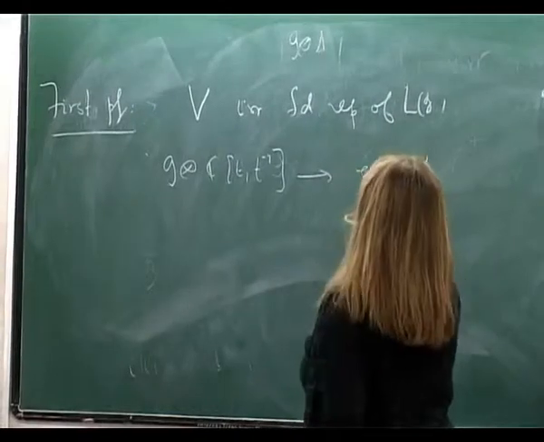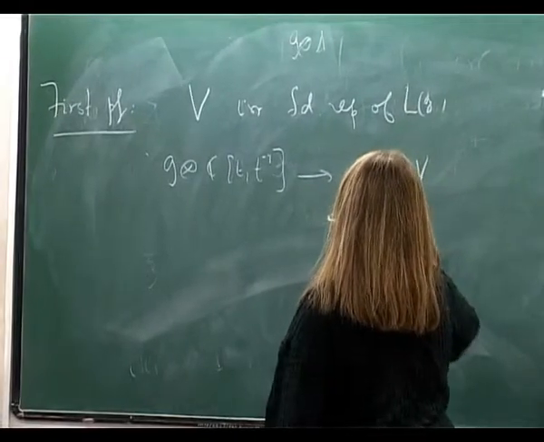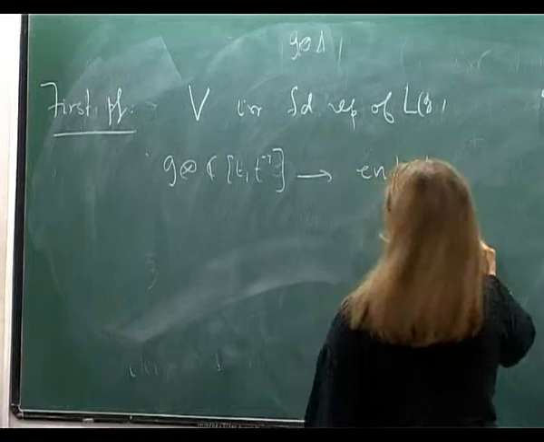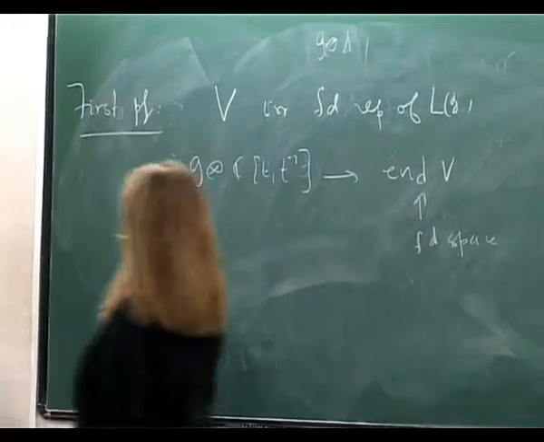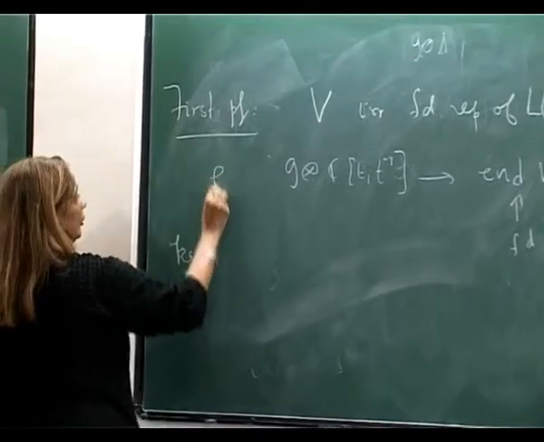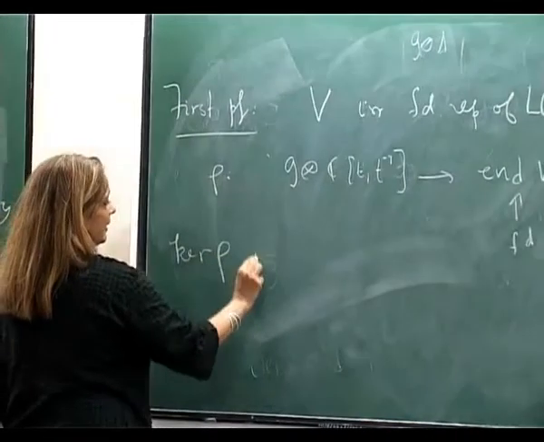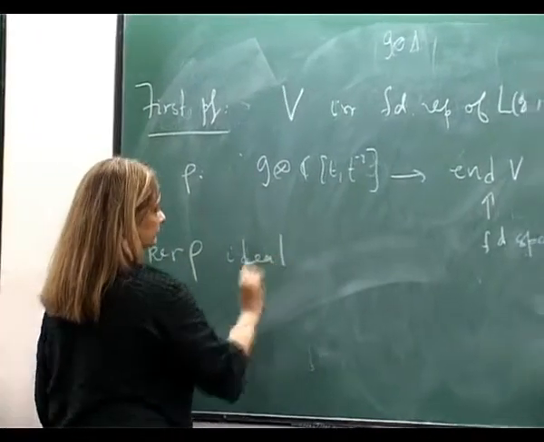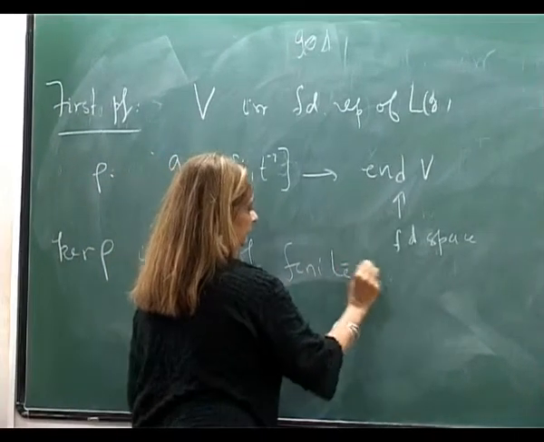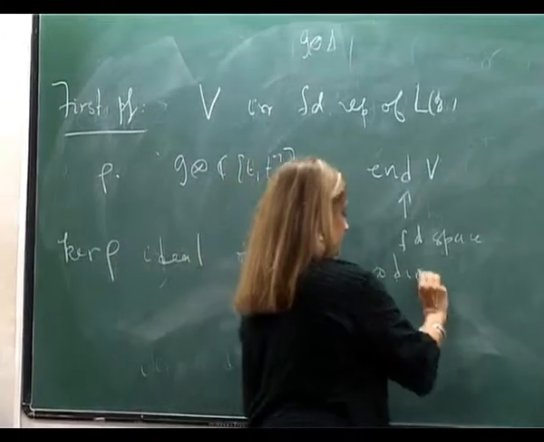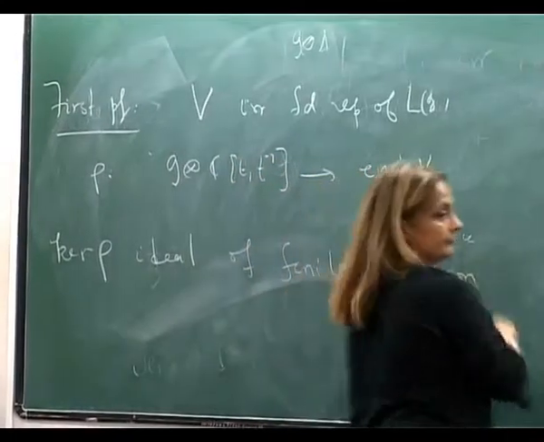Well, this is a finite dimensional space, right? Because V is finite dimensional. What does that mean? That means the kernel of rho is an ideal of finite codimension.